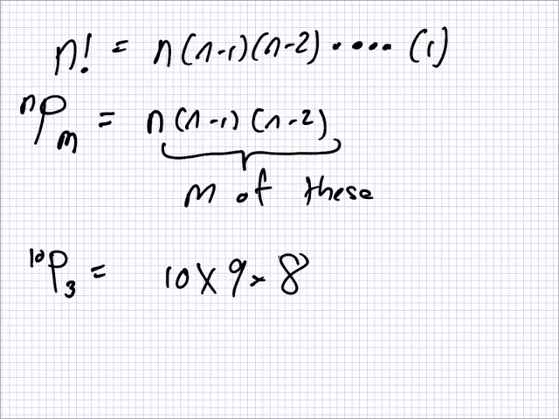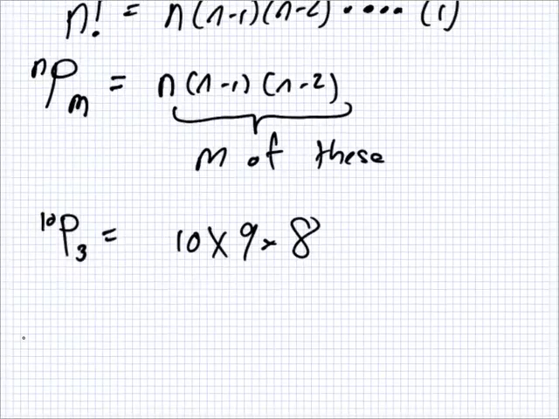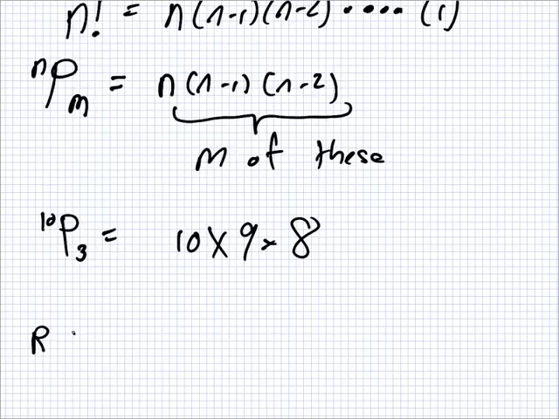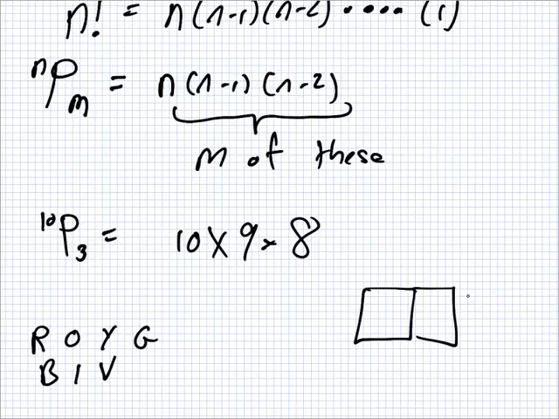So for example, if I had red, orange, yellow, green, blue, indigo, violet, I have 7 colours, and I want to make a flag for my new country. Let's call it the land of Stephen. So how many possibilities do I have for my flag? Well, for the first colour in the first square, there's 7 possibilities.